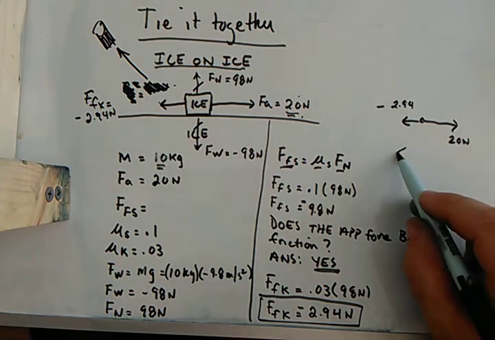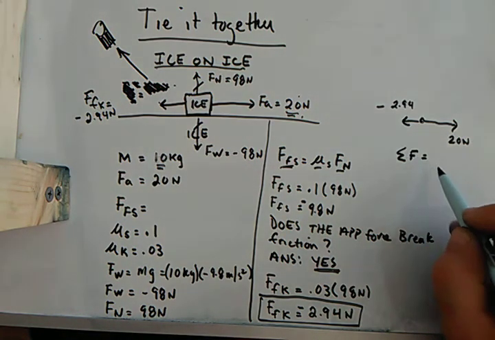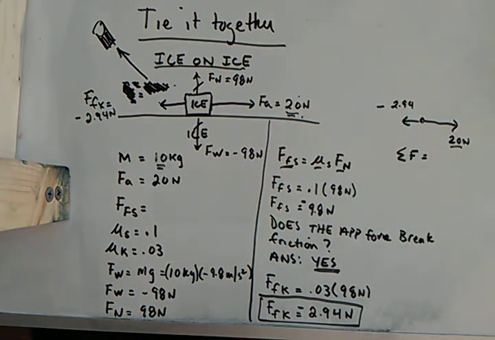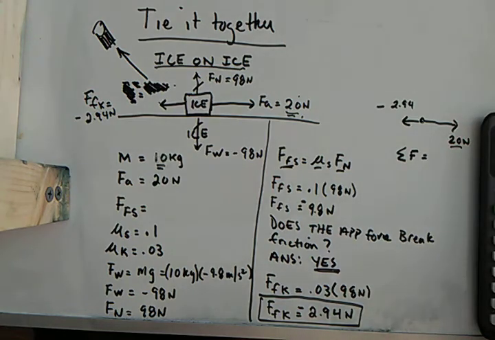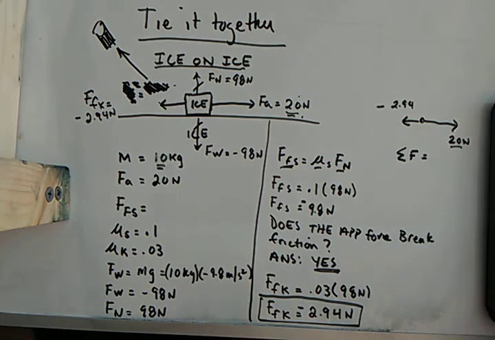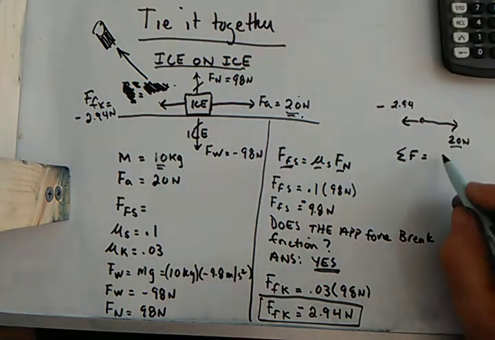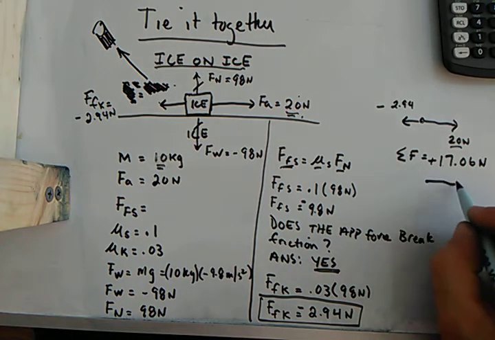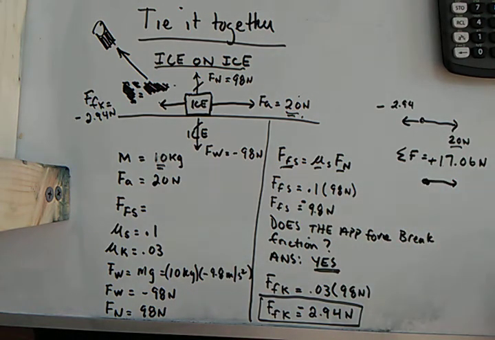So look, net force in this entire system, now that it's moving, 20 to the right, 2.94 to the left. So getting the calculator out, 20 minus 2.94, the net force is equivalent to 17.06 newtons to the right. So if I were to draw that, it'd look kind of like this. Okay? So now I've calculated the net force of this thing while it's moving.